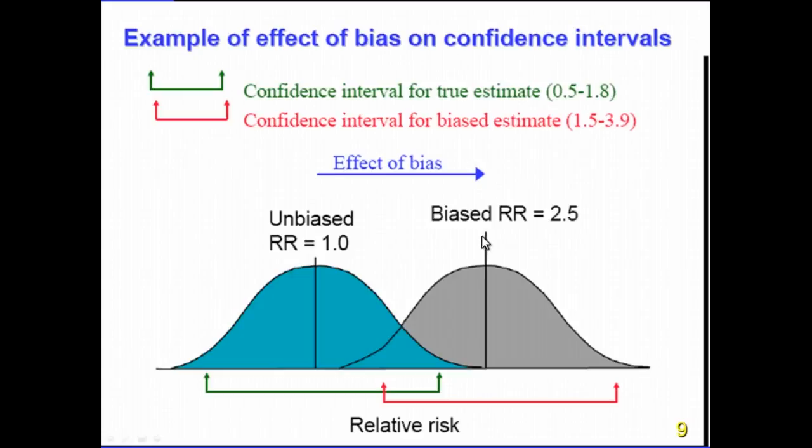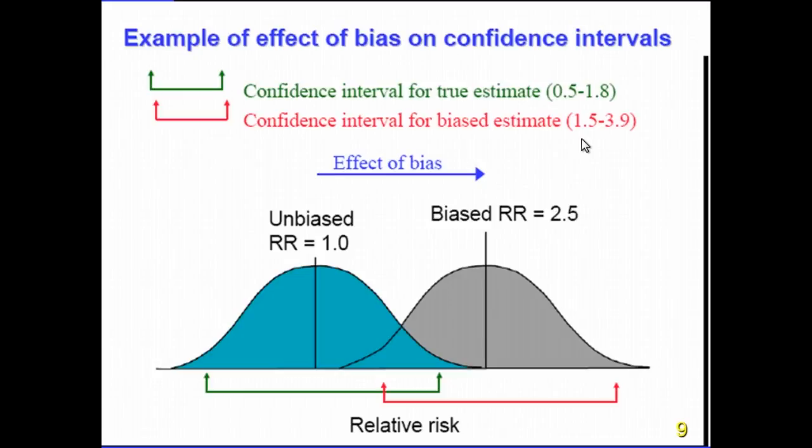So it's not just the relative risk that gets increased, it's the confidence interval as well. Whereas for the true estimate the confidence interval included the null value, with the bias the whole thing got dragged in this direction. So now it excludes 1. It excludes the null value.